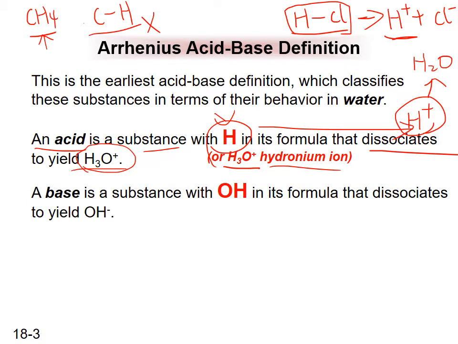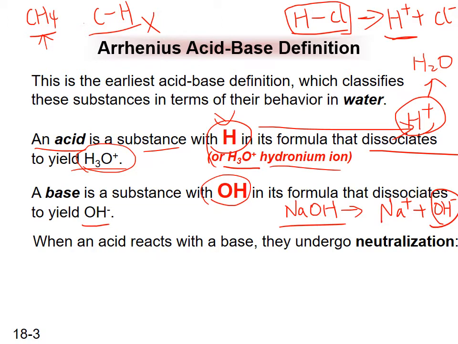A base is a substance with hydroxide in its formula that dissociates to yield hydroxide. For example, sodium hydroxide is a base because it can dissociate into sodium ion and hydroxide ion.